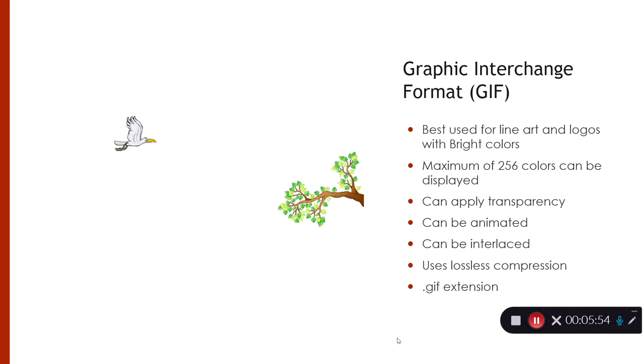You can see it doesn't have multiple colors because GIF can support only 256 colors, but we can do animation by using a GIF image, and we can bring in transparency. Do you see the image? The bird can cross over the tree. You can still see the tree in the background when the bird crosses, so that means it has transparency. Other properties: it uses interlaced display and lossless compression.